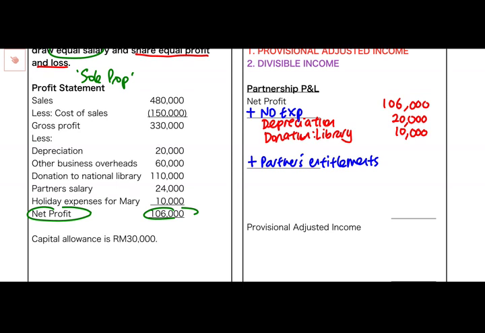Now, we have two partners over here. One is Keith, one is Mary. Okay? Now, the salary will be 12 and 12. Now, that's how we get 24.